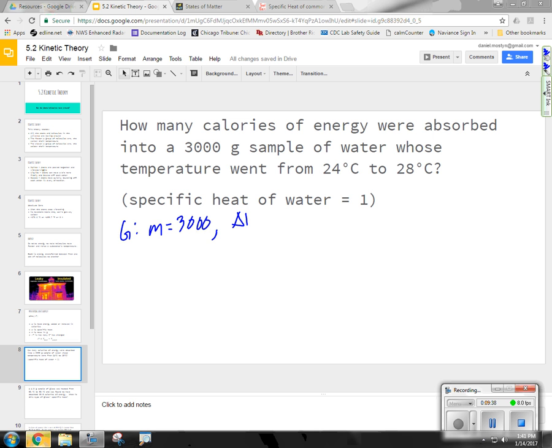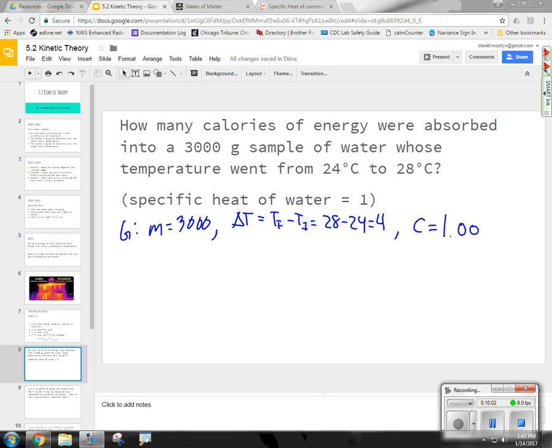So we can figure out delta T. Delta T is the final temperature minus the initial temperature. So the final temperature was 28, the initial temperature was 24, so the change in temperature was 4. The last thing we're given is the specific heat. That's letter C. Specific heat for water is equal to 1.